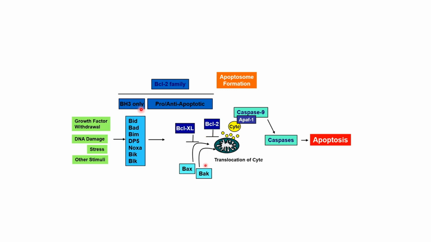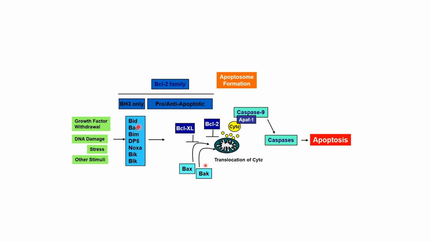So these factors generally act on the BH3-only protein first, not directly onto the BCL2 proteins. I mean, these factors are sensed by the BH3-only proteins, such as Bid, Bad, Noxa, Bik, Bim.